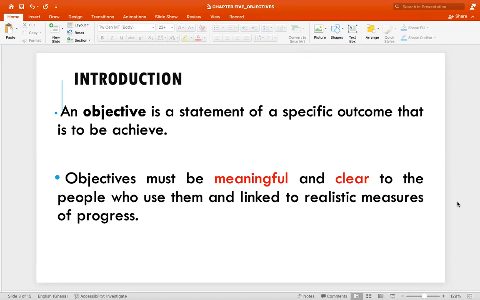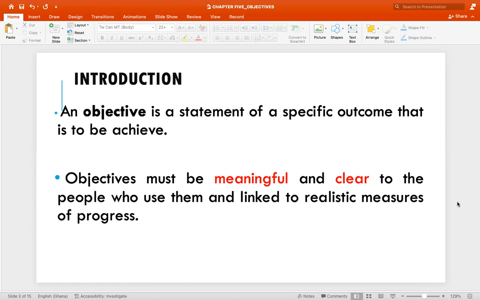So an objective is a statement of a specific outcome that is to be achieved. All right. So when you set an outcome, a target that you want to achieve, that is an objective. Objectives must be meaningful and clear to the people who use them and linked to realistic measures of progress. So you don't just set objectives for the fun of it.